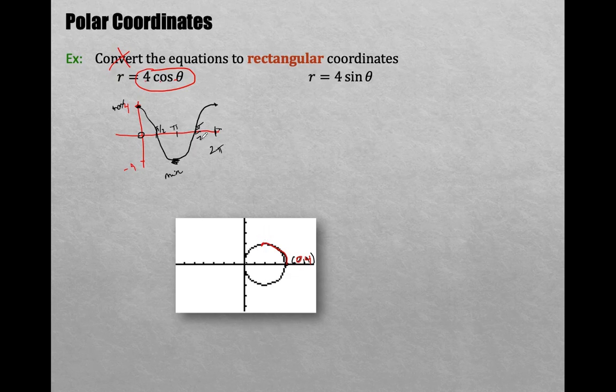Where do you think you're going to be when theta is pi? Can you figure out where you're going to be all along this circle?